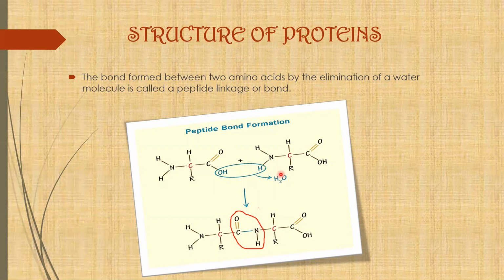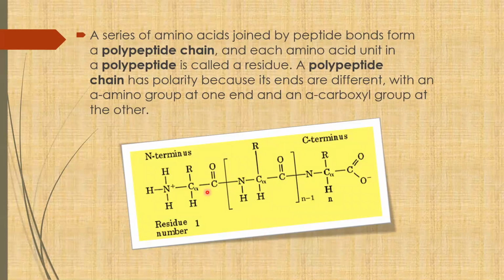Hence, n number of amino acids linked together by the removal of water molecules result in a protein molecule. A series of amino acids joined by peptide bonds forms a polypeptide chain, and each amino acid unit in a polypeptide is called a residue.